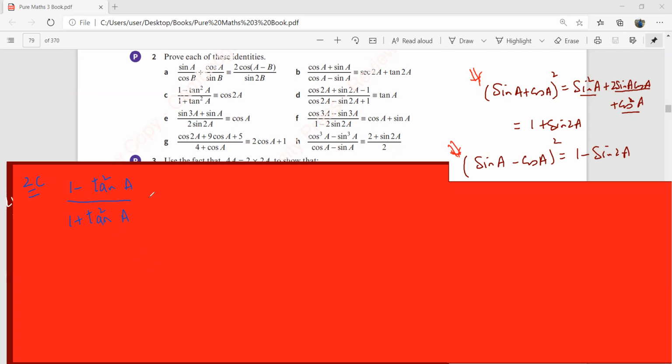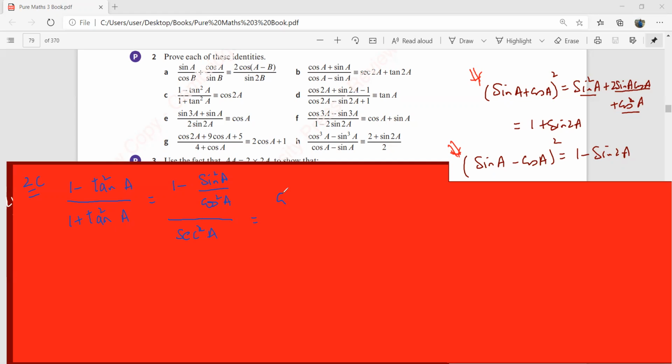We want to show this is (1 − tan²A) over (1 + tan²A). You see, 1 − tan²A is 1 − sin²A over cos²A. Oh, I have changed my plan. I can simply write the denominator as sec²A, because you know 1 + tan²A is sec²A. I take the LCM here.